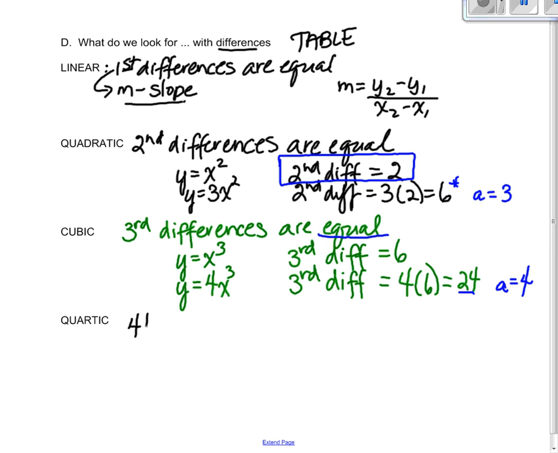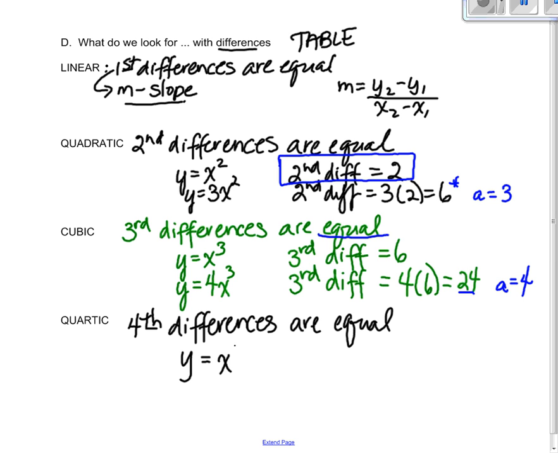For a quartic, our fourth differences are equal, and for a basic quartic, our fourth differences are equal to 24. So let's do one.